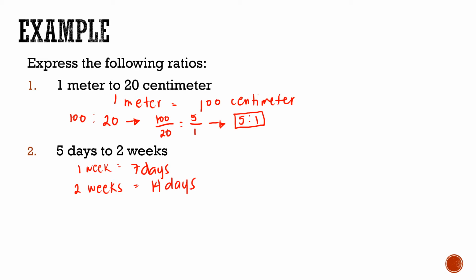Now we can write it as 5 days is to 14 days. As we write this in fraction, this is 5 over 14, and 5 over 14 is already in the simplest form. Therefore, the ratio form of 5 days to 2 weeks is 5:14.